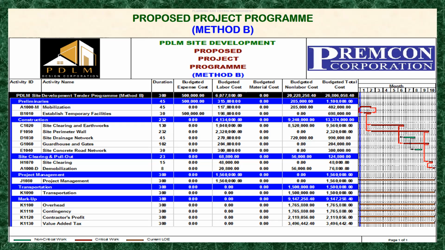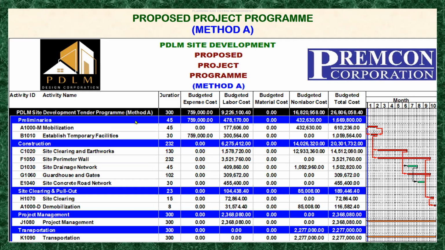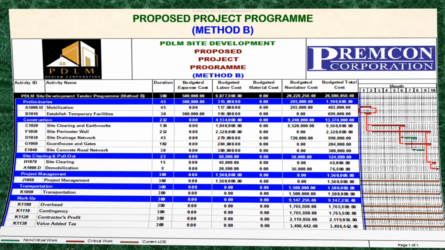So we have two separate sets of programs or schedules to look at for comparison, right? If we want to look at method A, we have to look at one set of pages, and if we want to look at method B, another set again.